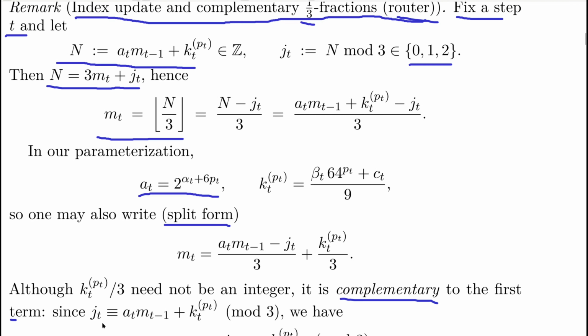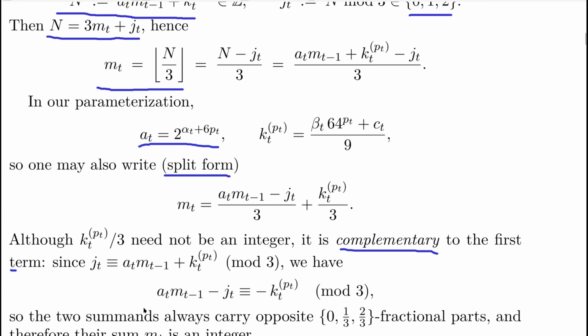since jt is congruent to at mt minus 1 plus kt pt mod 3, we have at mt minus 1 minus jt is congruent to negative kt pt mod 3.